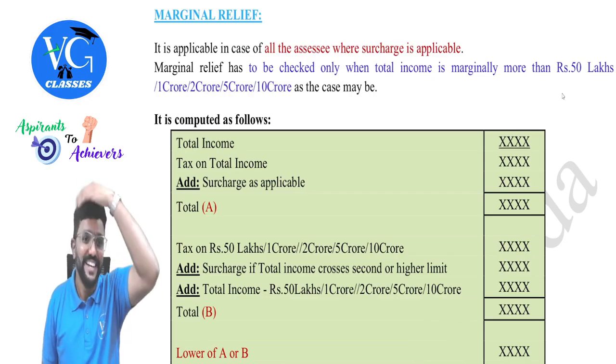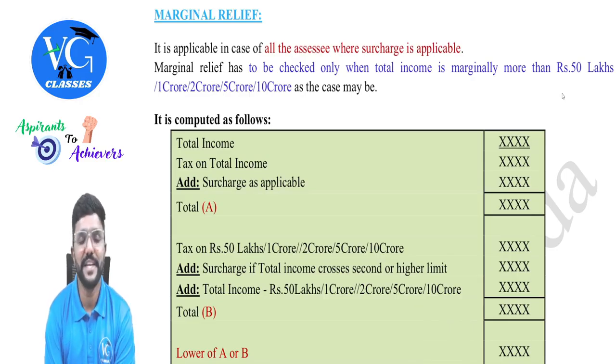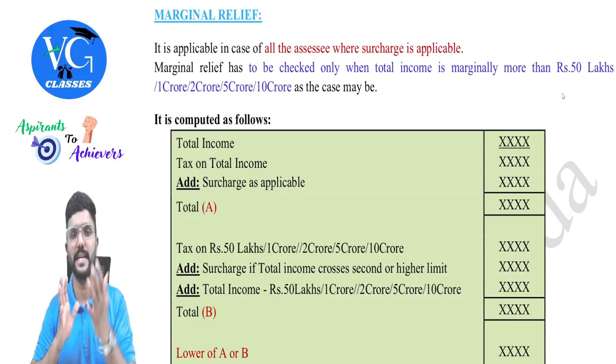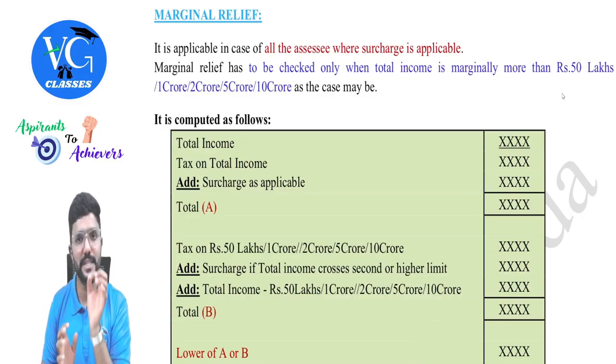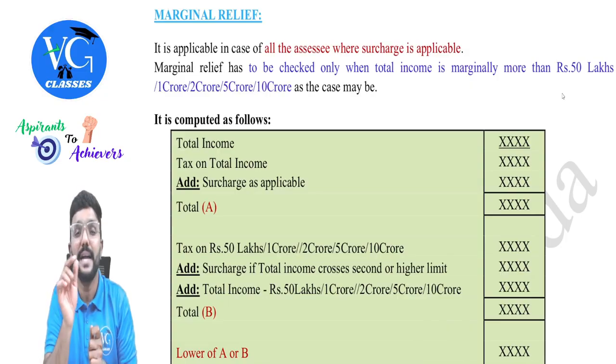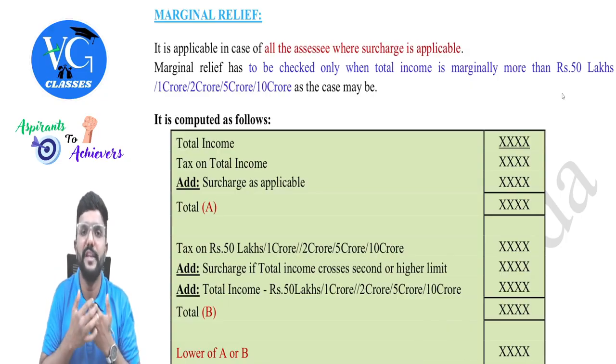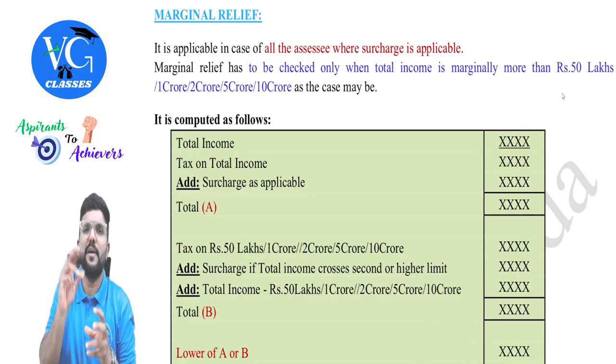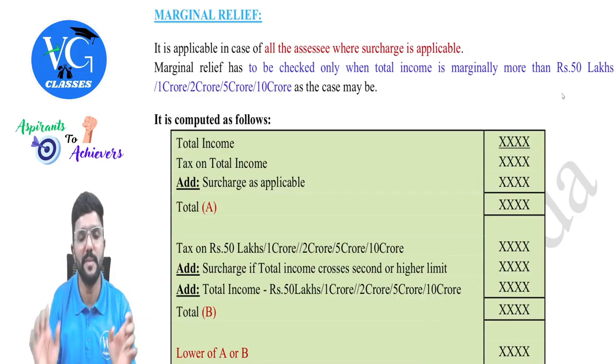Don't worry. Marginal relief is applicable in case of all assessees whenever surcharge is applicable. We already learned that when surcharge is applicable. And whenever income has crossed the threshold limit marginally, that is by a small amount, we need to check marginal relief, guys. Sir, marginal means what amount? You need not remember it.